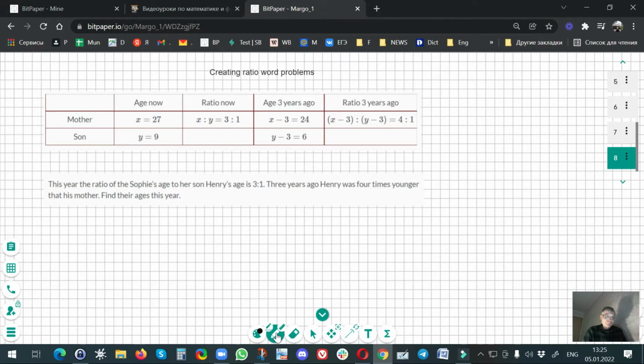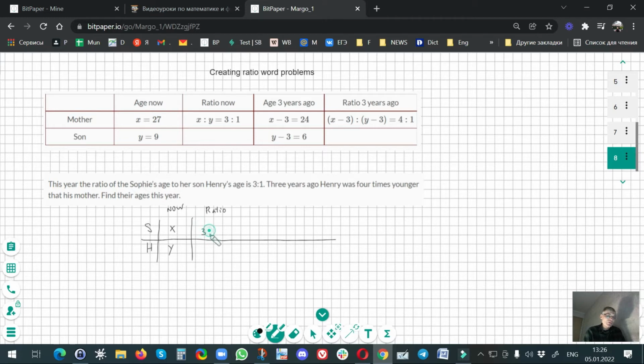And this is it. If we solve this problem, we have to produce a table like this. It would be Sophie, it would be Henry. We don't know their ages. We write X for Sophie and Y for Henry. And we can write also ratio. We don't know X and Y when we are solving the problem.